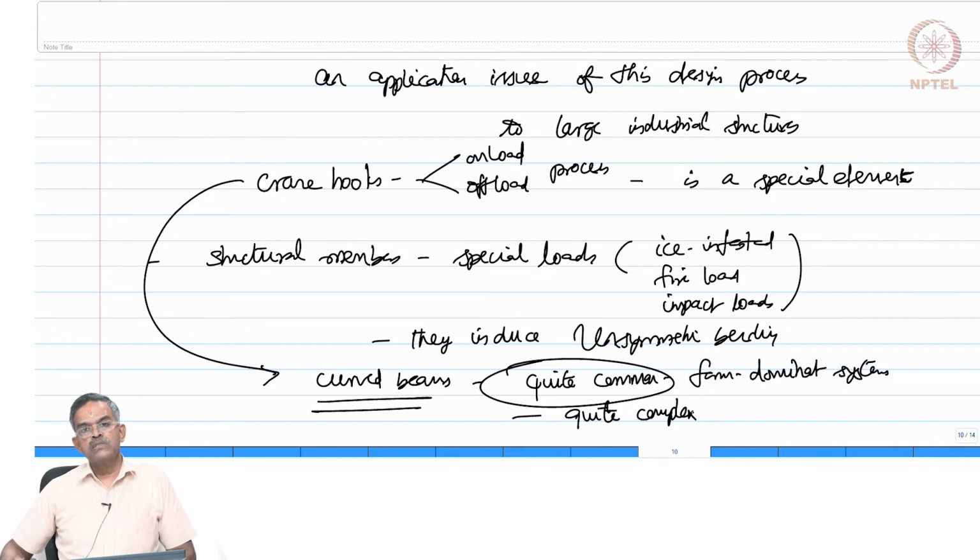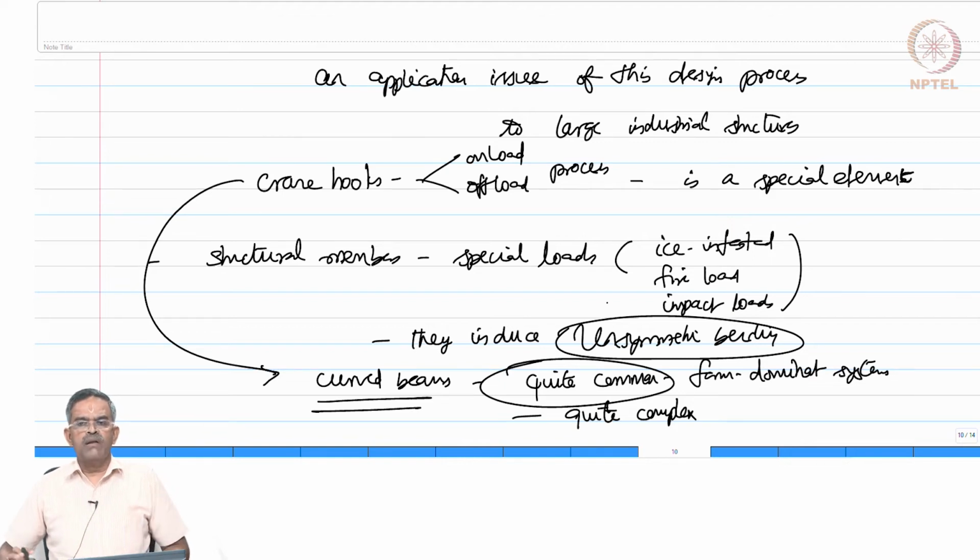So, in this course, we will try to discuss about the procedure for analyzing systems or members under unsymmetric bending. We will also discuss about analysis of crane hooks or curved beams in general, its analysis procedure and the design procedures.